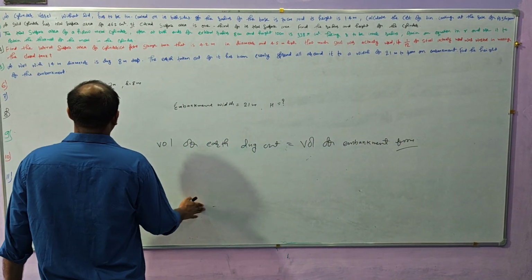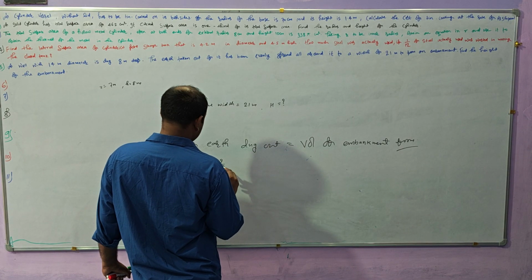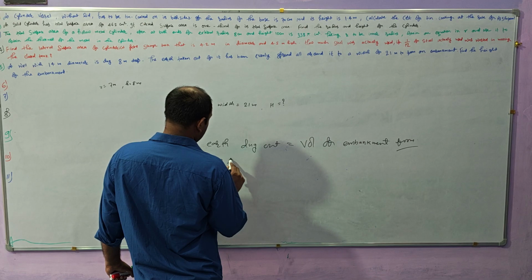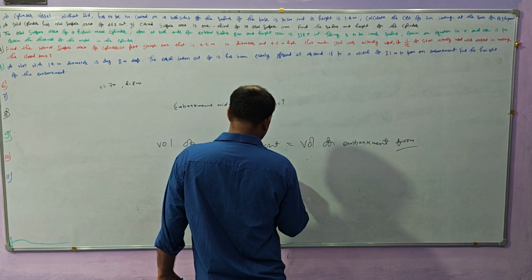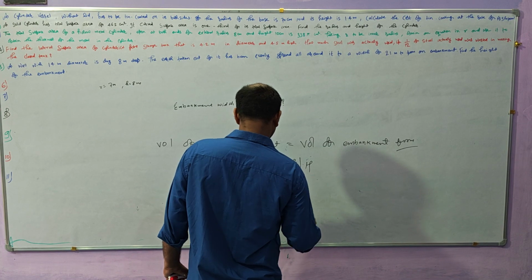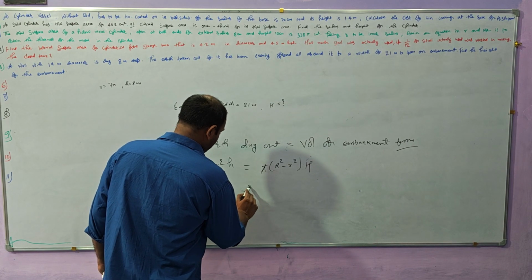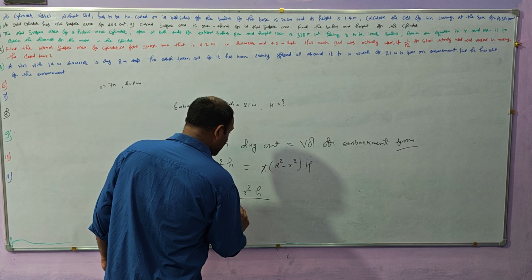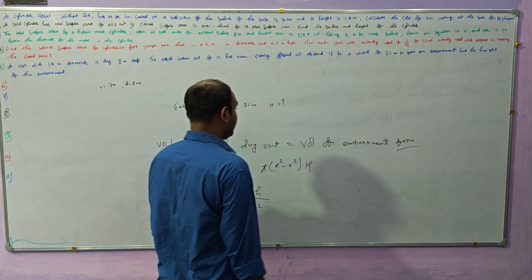So we have pi r square into h is equal to pi R square minus r square into H. So pi cancels. We get H is equal to r square into h upon R square minus r square.